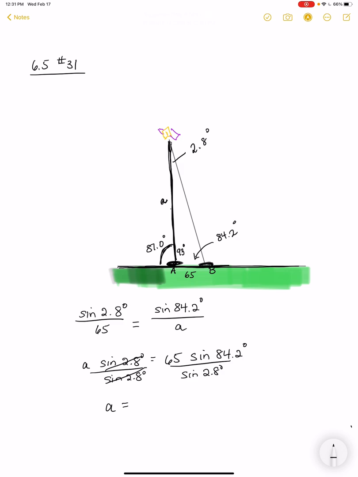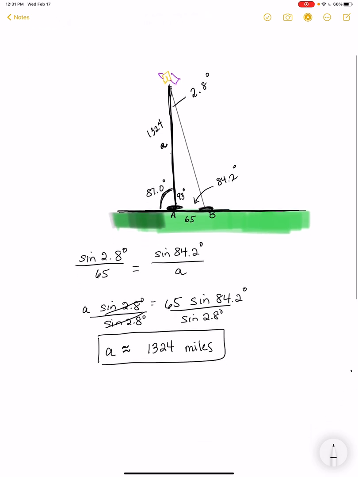I'm going to plug this in my calculator: 65 times the sine of 84.2 divided by the sine of 2.8. I'm going to approximate this to the nearest mile, so 1324. All right, so this distance right here is 1324 miles. So we've got our A part.